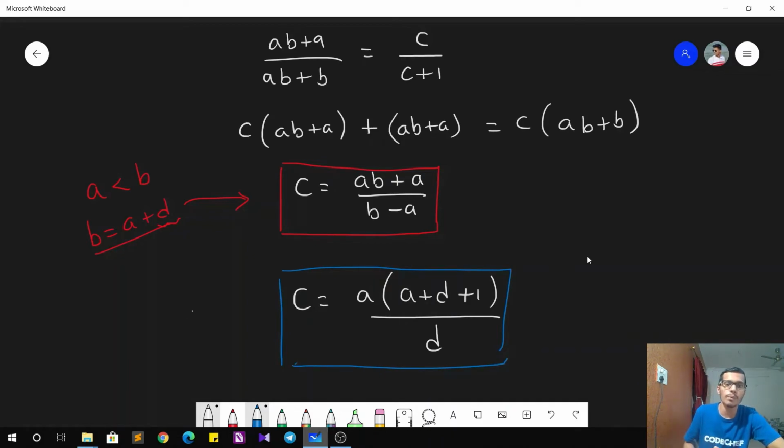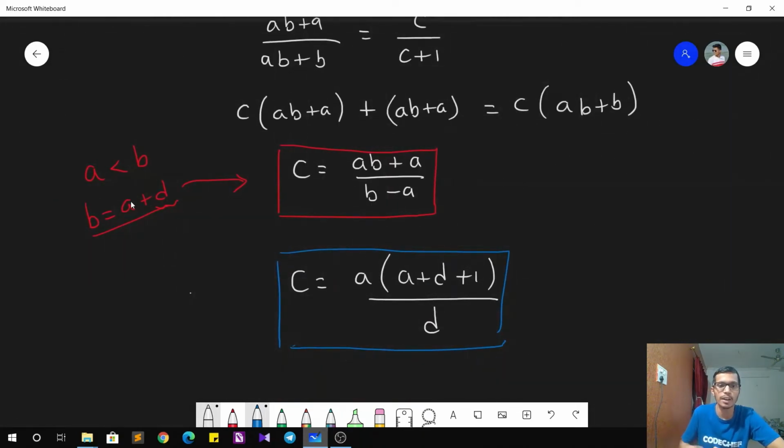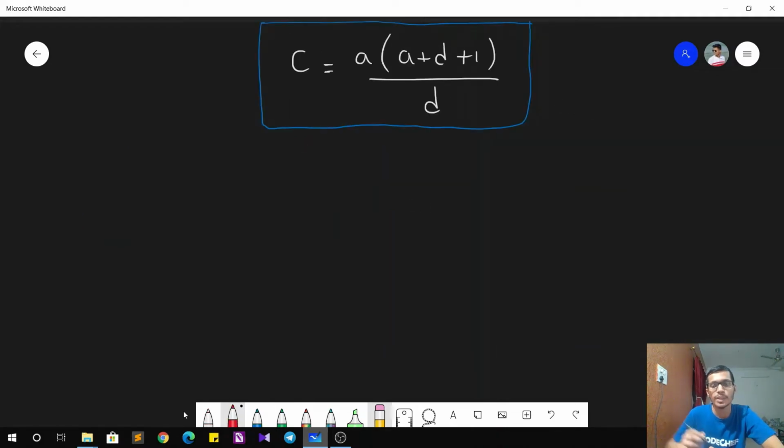So what we have done is initially we took our target equation, rearranged it to find c in terms of a and b, and then substituted b as a plus d to get this new equation. So now that we have this fraction, there can be some common factors between the numerator and the denominator, right?